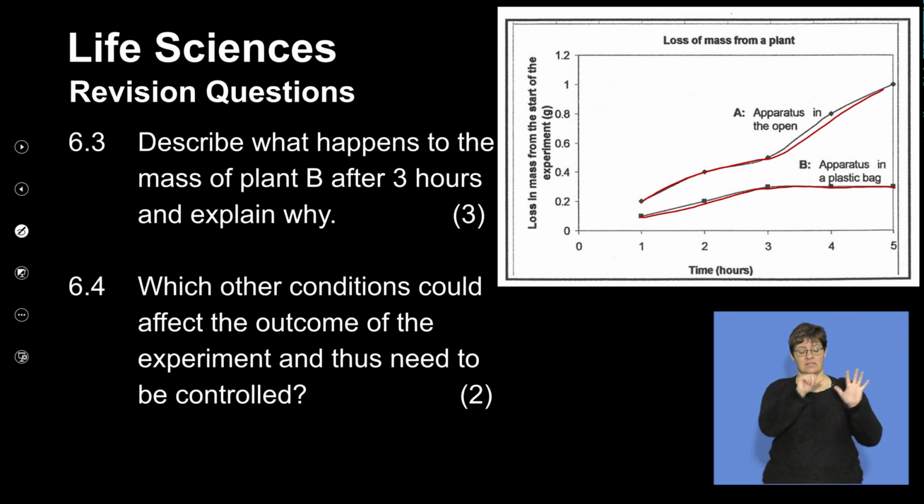Then 6.4, what other conditions might affect the outcome and thus need to be controlled? And those are all the other factors that affect osmosis, which is temperature, light intensity, and wind.